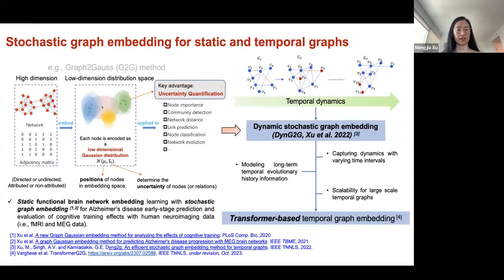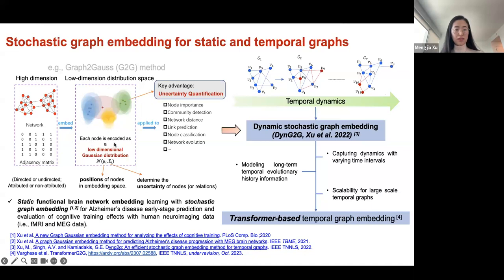And on this slide, I want to show stochastic graph embedding for both static and temporal graphs. This basically summarizes the paper from TUM in Germany. In stochastic graph embedding, each graph in the high-dimensional space, which we can represent as an adjacency matrix, can be embedded into a lower-dimensional distribution space.